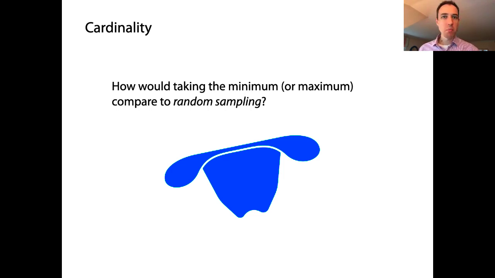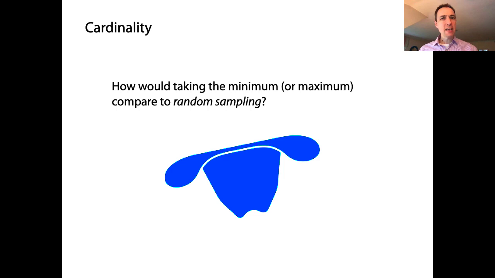So getting one representative from that subset doesn't really tell you anything about the cardinality of the data set. You could imagine a scenario where you sample so many times that now you have the entire data set, but that's absurd, right? That's obviously going to break the bank. We're trying to do it in a very small amount of space. So random sampling doesn't really get us the information we need here.